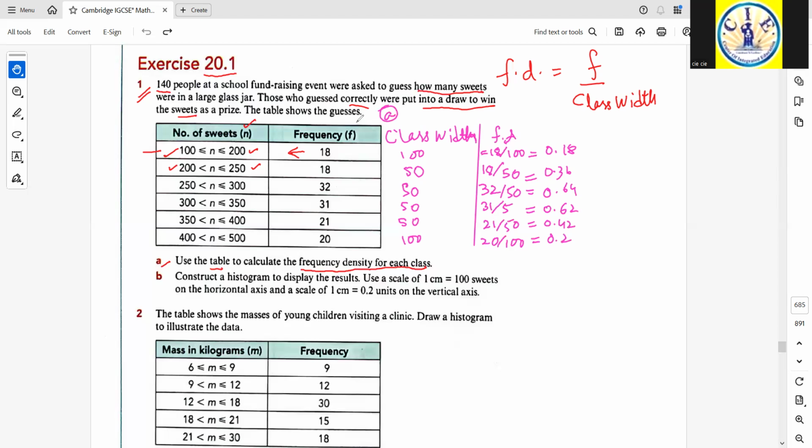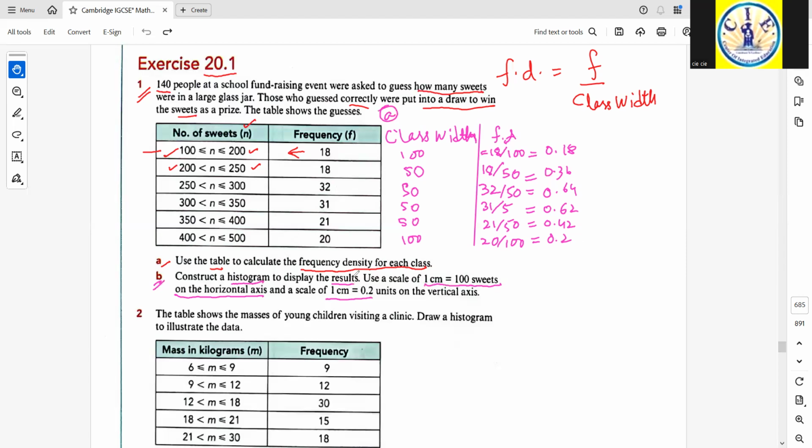Okay. Now in part B, we are asked to construct a histogram to display the results. Use a scale of 1 centimeter to represent 100 sweets on the horizontal axis and a scale of 1 centimeter to represent 0.2 units on the vertical axis. Okay.